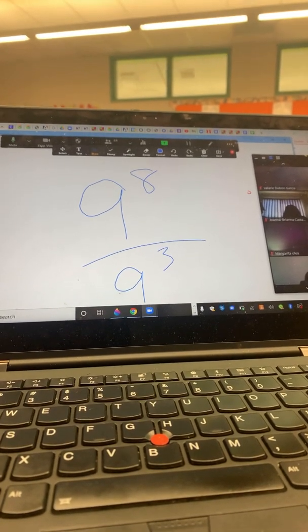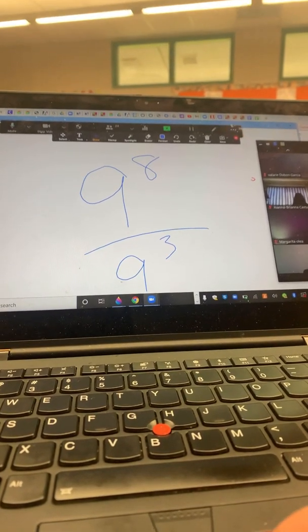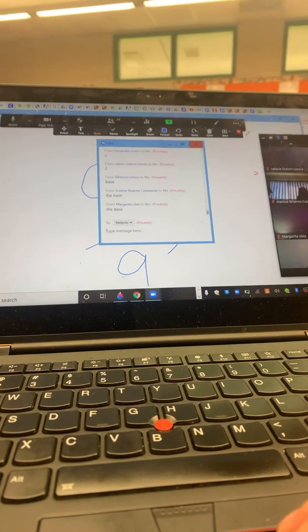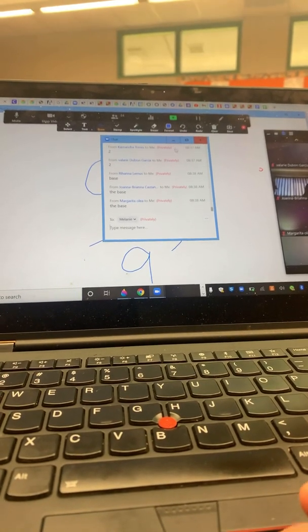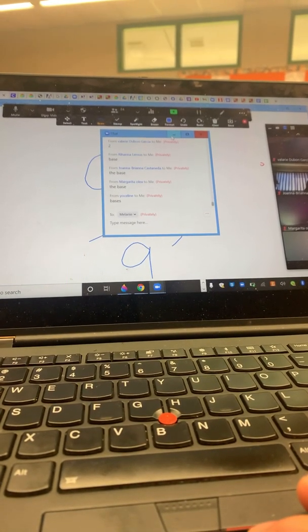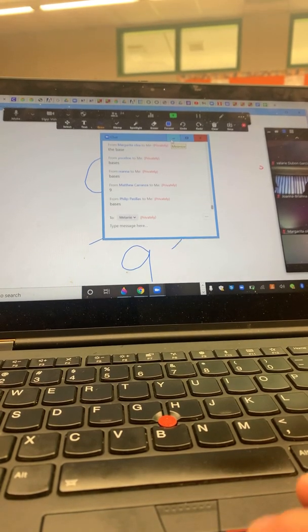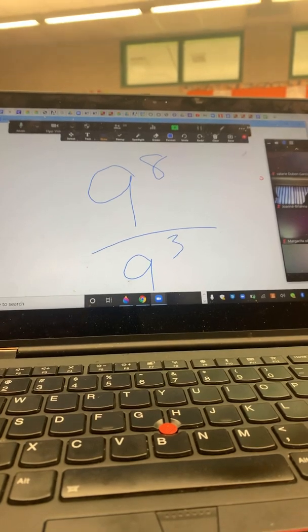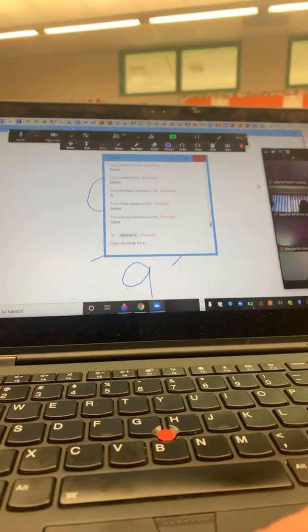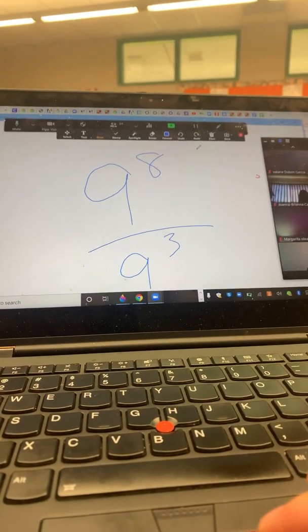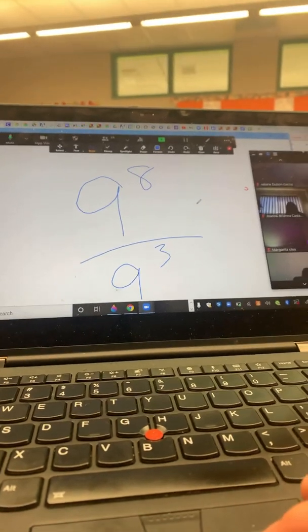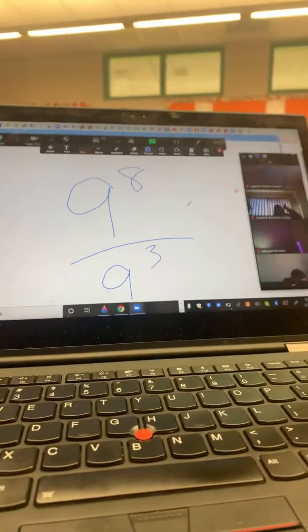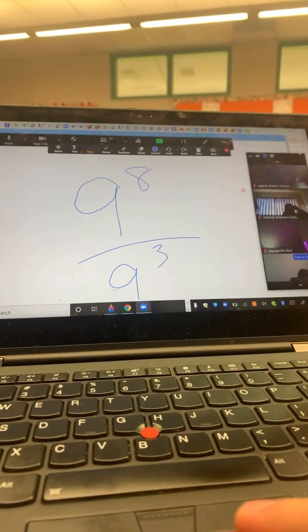What is the same? The bases, right? Good. We have to see if the bases match. Do they match in this problem? Thumbs up or thumbs down?